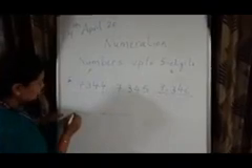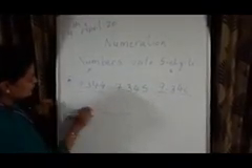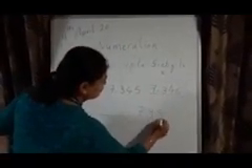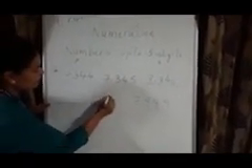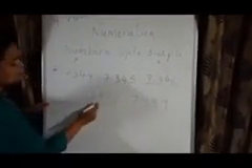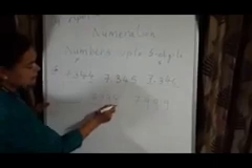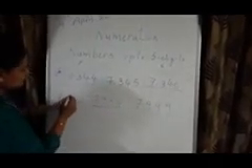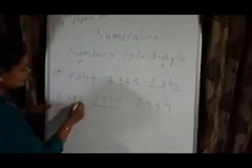This way we can write the predecessor and successor of any number. Before 7,999, the predecessor will be 7,998, then 7,997. So this way we can write the predecessor and successor of any number up to 1000 and beyond.